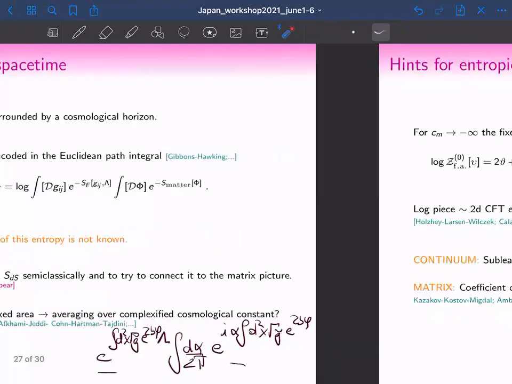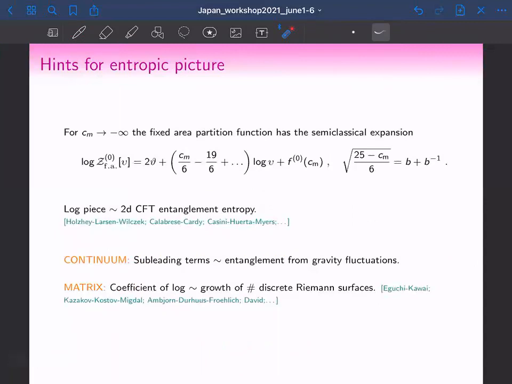I put one other slide that gives more hints towards this entropic picture. What we've seen is that this fixed area path integral at genus 0 had this form over here, and we're putting a lot of emphasis on this F0 symmetry.